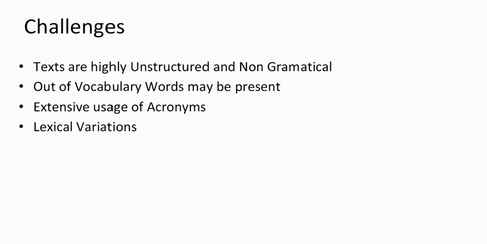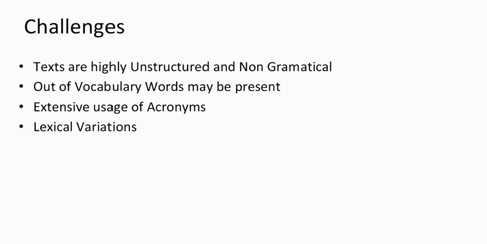So what are the challenges which you generally come across? The texts are highly unstructured and non-grammatical, so people will write in their own language, use a lot of their native words. It's not structured and it's not grammatical too. Some will use bro. They are not using brother. Simply they are using bro. So that's a typical example. And out-of-vocabulary words may be present.